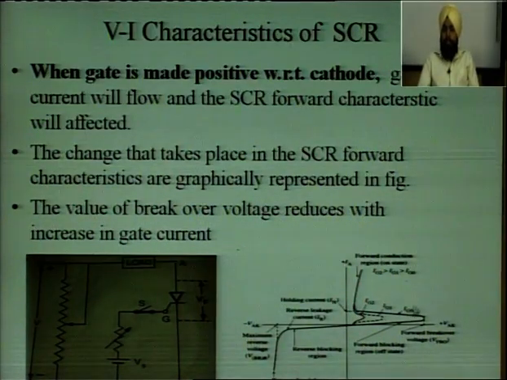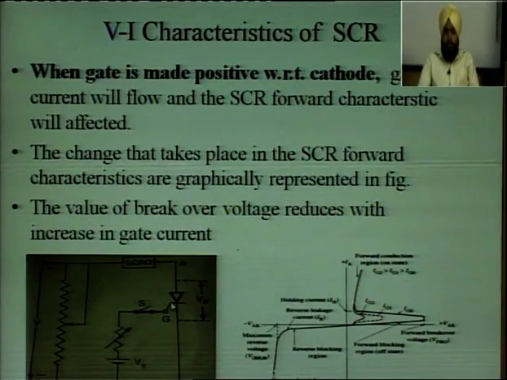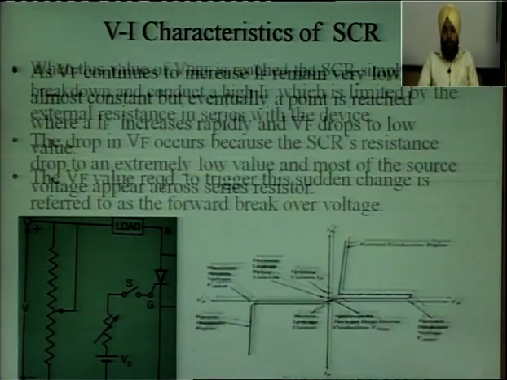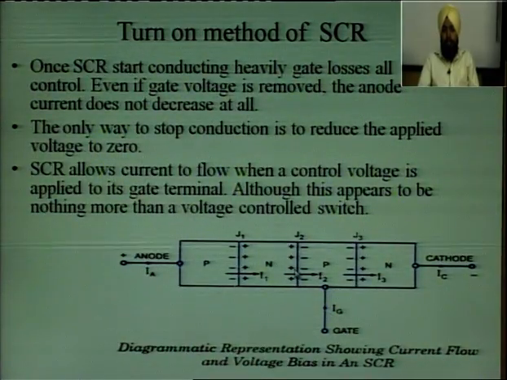Next is when we increase the gate current, that is gate current has some value Ig1. So, when we apply gate current, this gate current through the thyristor will reduce the reverse biasing of junction J2.